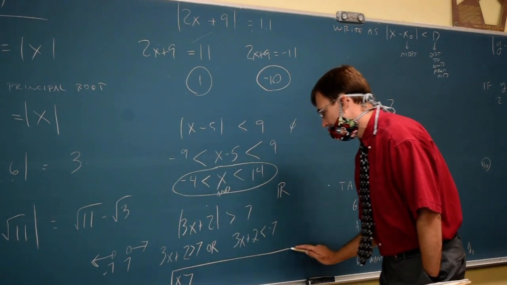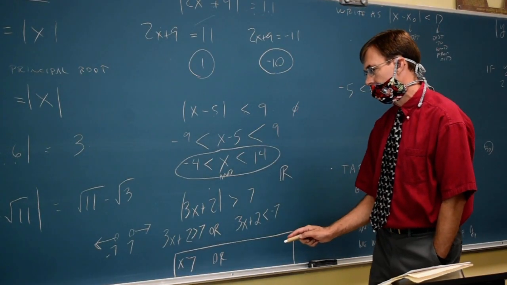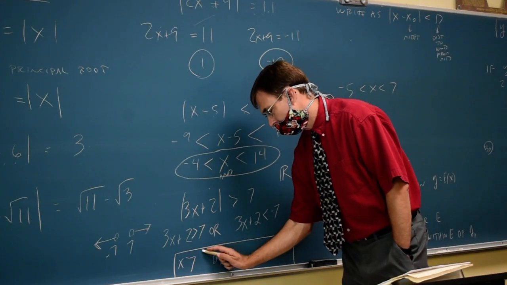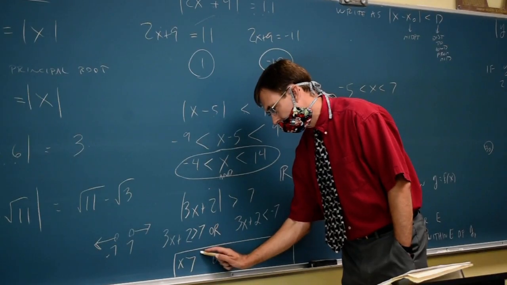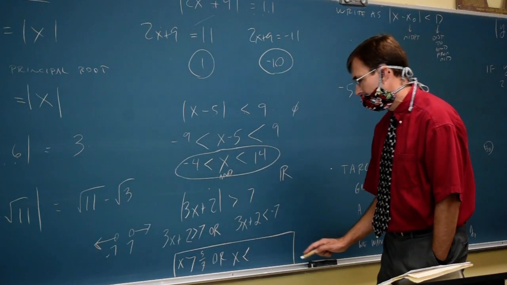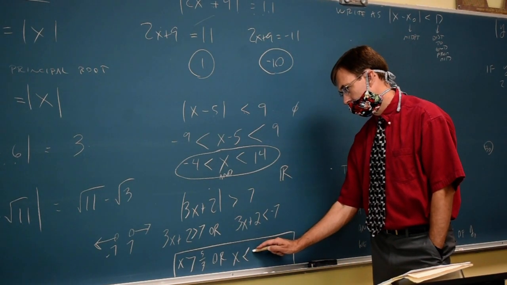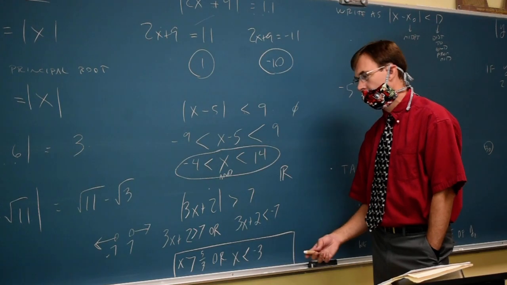If we got that x alone, x would be greater than 5/3. This x would be less than -3. We're good on that.